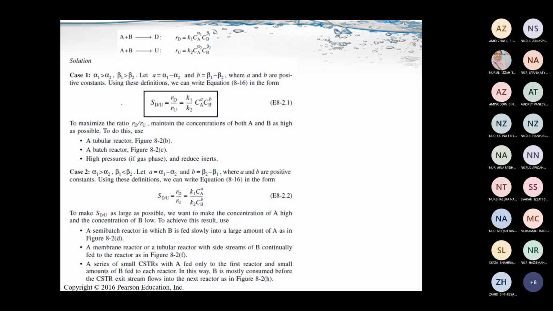So we look at case number 1. Let's say alpha 1 here is 2, alpha 2 is zero, and beta 1 is larger than beta 2.